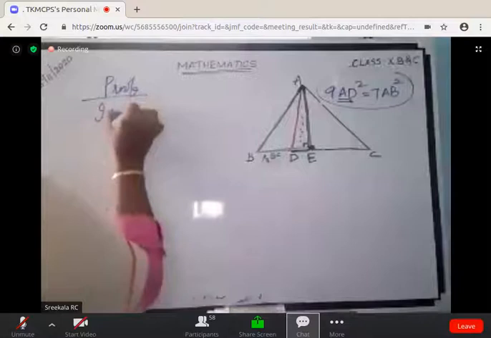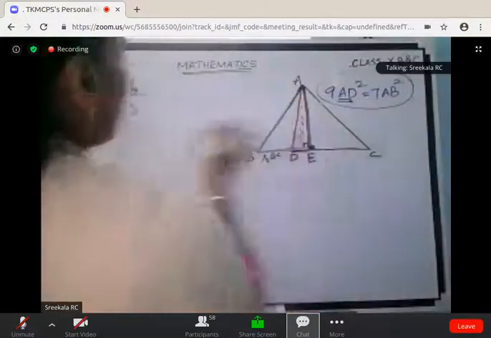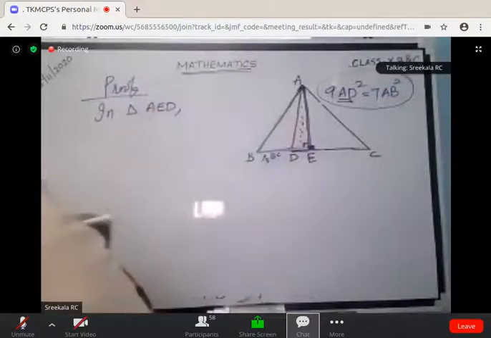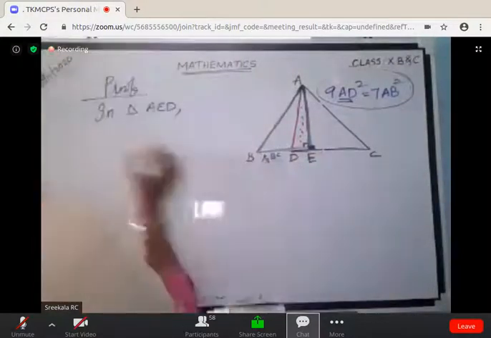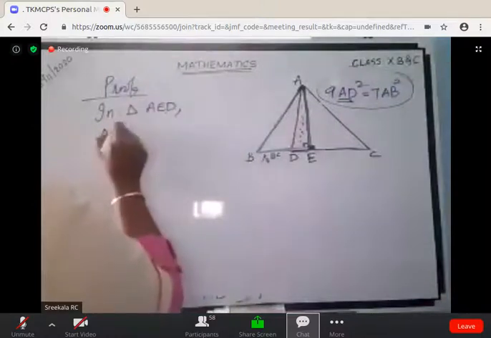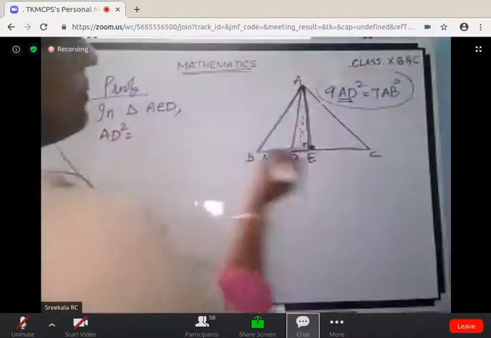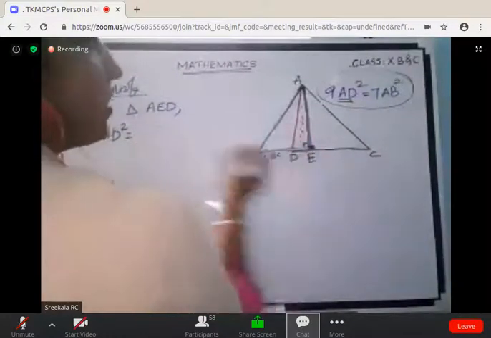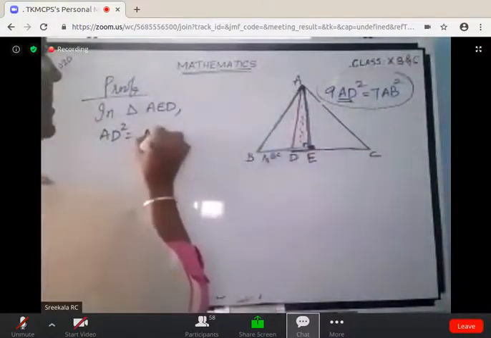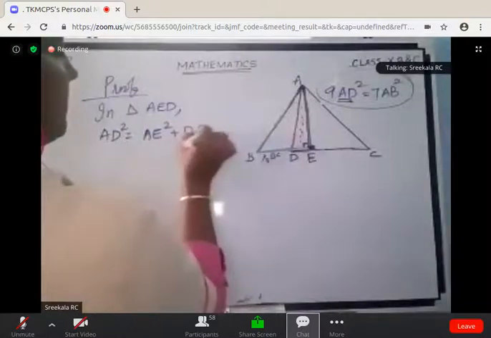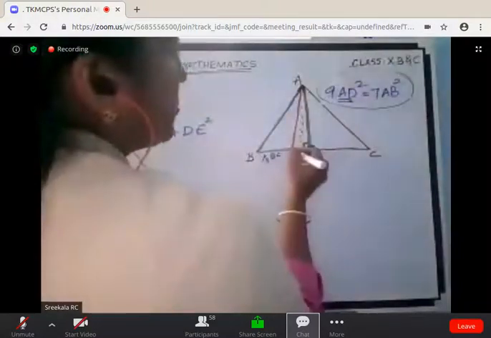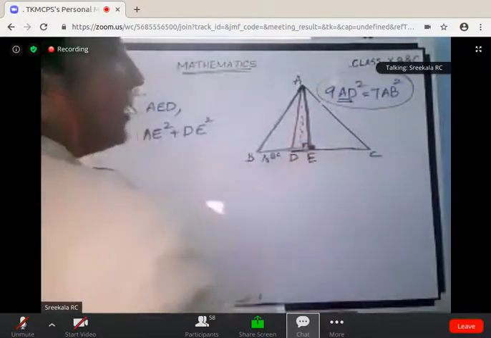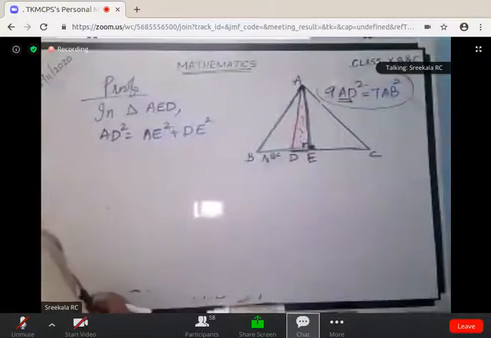In the right triangle AED, this small triangle, by Pythagoras theorem we can write AD square equal to AE square plus DE square. Clear? AD square, the hypotenuse square, is equal to AE square plus DE square because this is a 90-degree triangle.